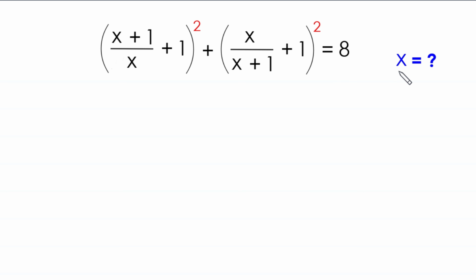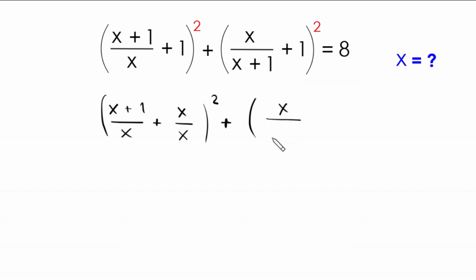So let's start. We can rewrite this expression as (x plus 1 over x) whole squared plus (x over x plus 1) whole squared equal to 8.